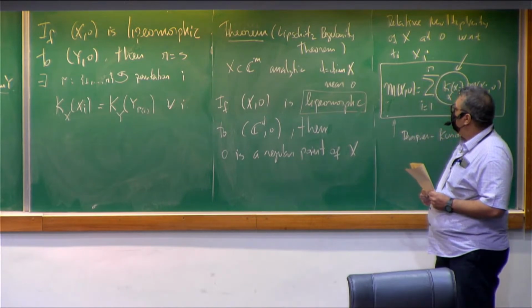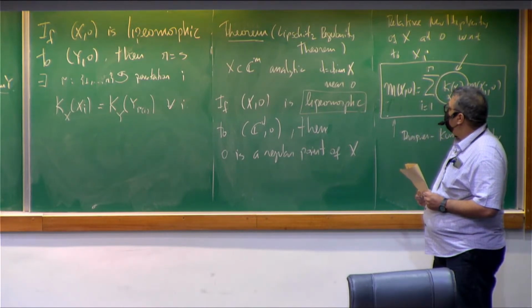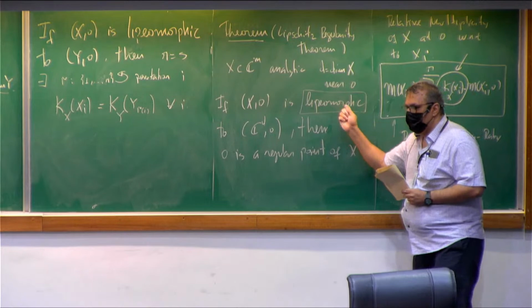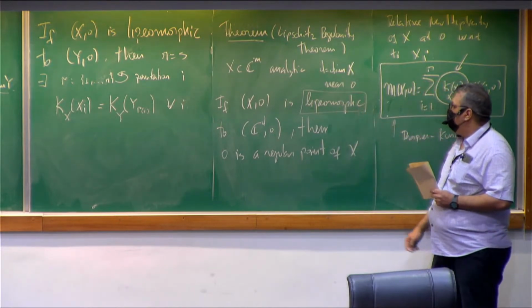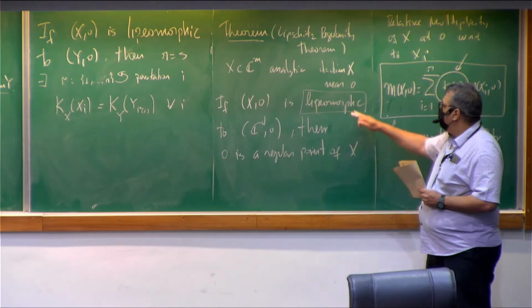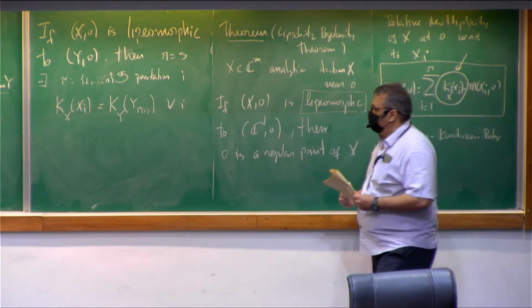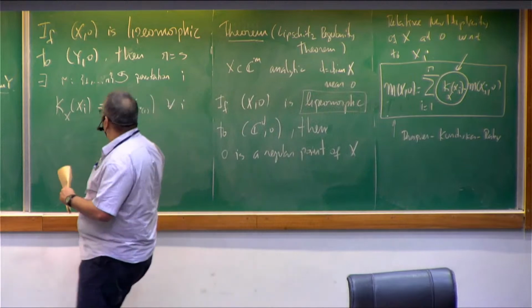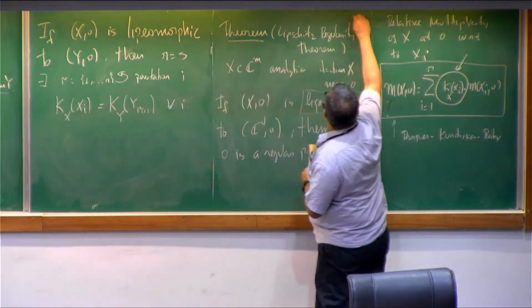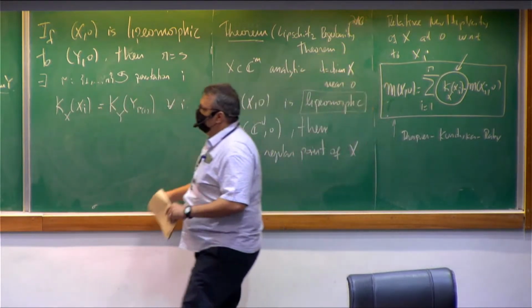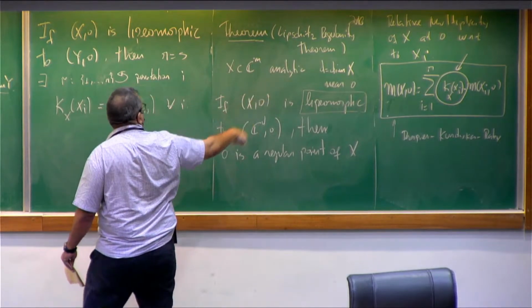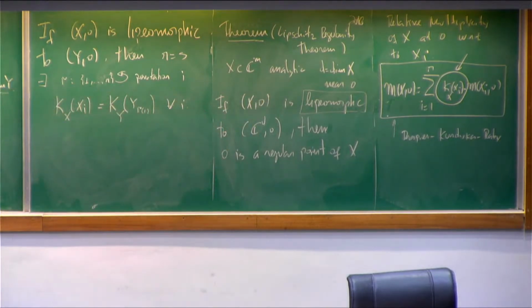Then, after a year, Sampaio removed this additional regularity and arrived at this version of the result. Then it comes from the invariance of the relative multiplicity in this way.